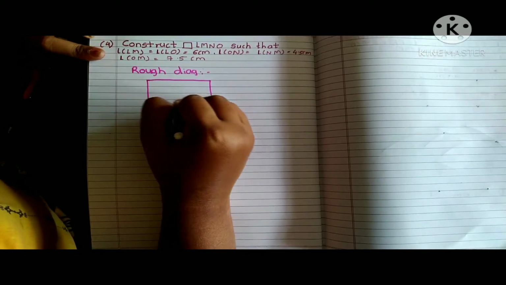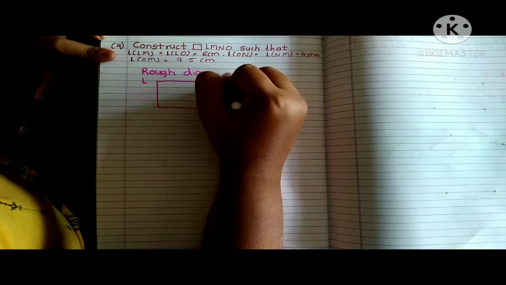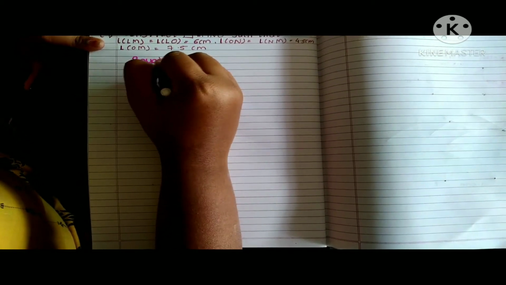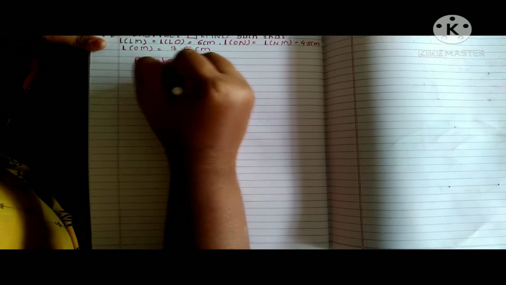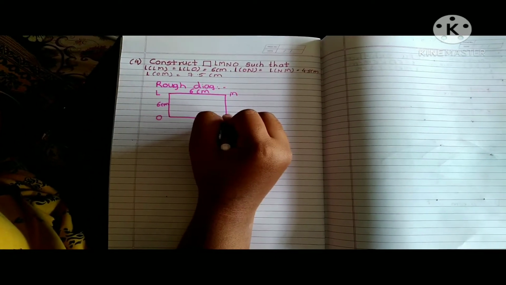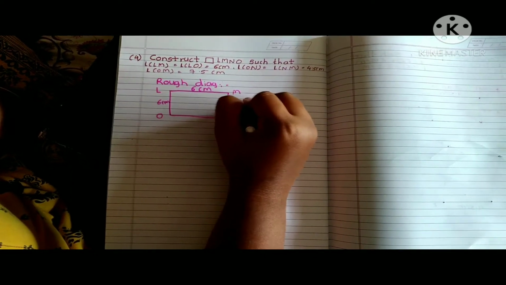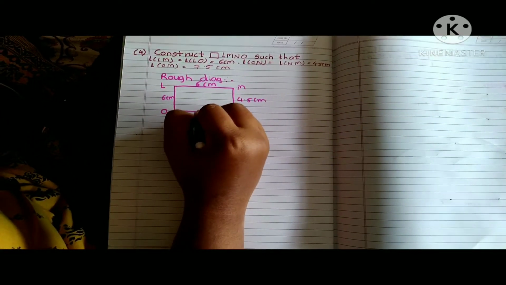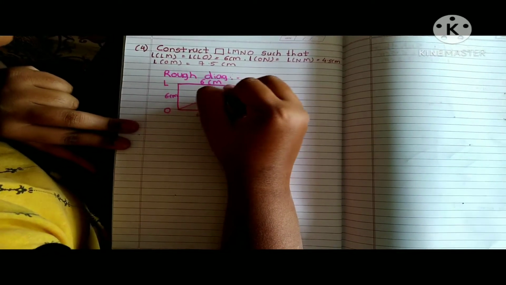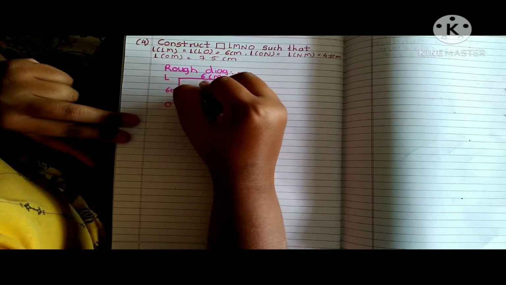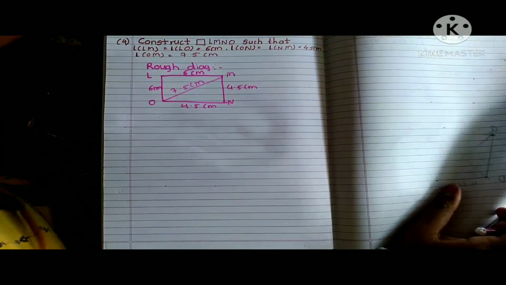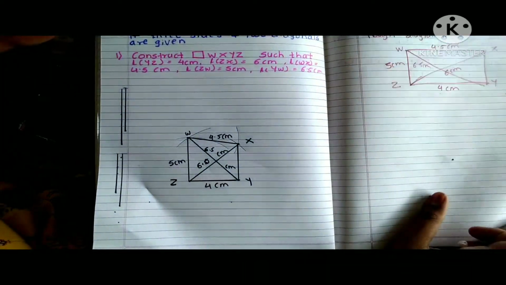So this is our quadrilateral L, M, N, O. LM equal to LO equal to 6 cm. Then ON equal to NM equal to 4.5 cm. And OM equal to 7.5 centimeter.